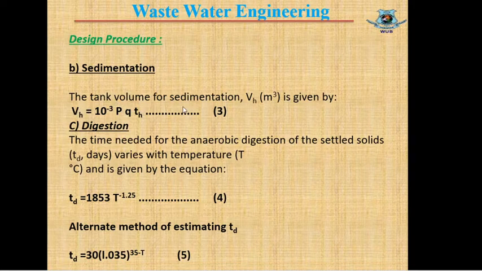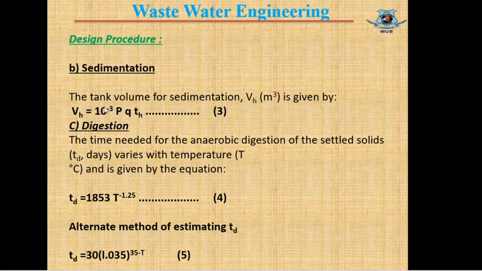Then the volume of the sedimentation tank we can calculate using this equation. Here P is the population, the number of people who use the tank, Q is the wastewater flow per person in liters per day, and TA is the time required for sedimentation.